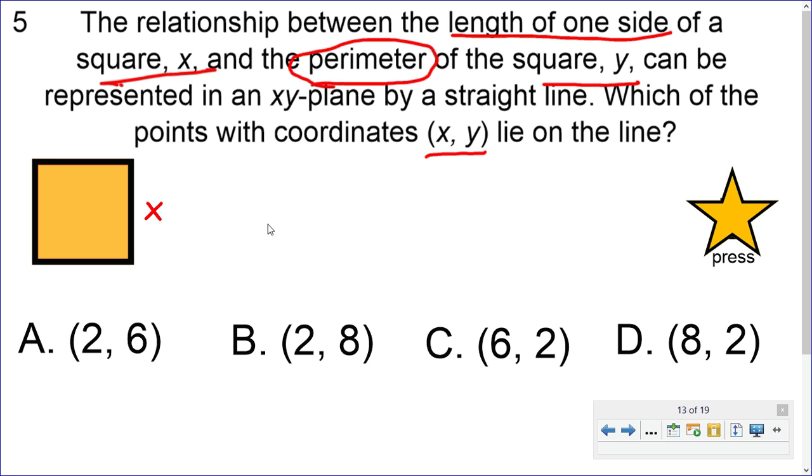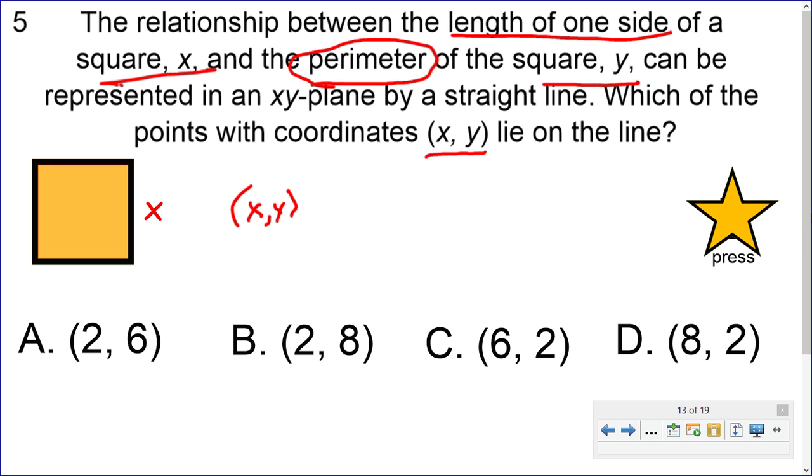So there's a relationship between the x and y coordinate, and that relationship has to do in this problem with the sides of the square, which we call x, and the perimeter.